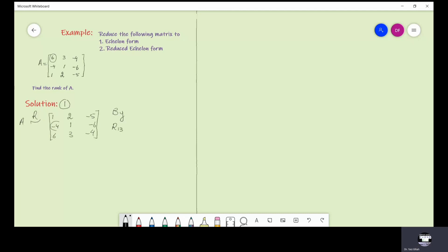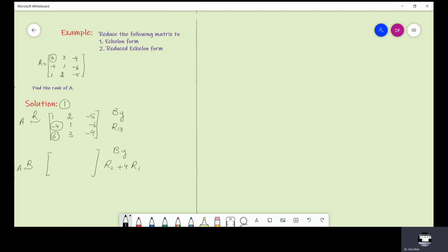The next thing we need is that this minus 4 must be 0 and this 6 must be equal to 0. So we need another row operation to get that this 4 is equal to 0. We shall perform the row operation row 2 plus 4 row 1.